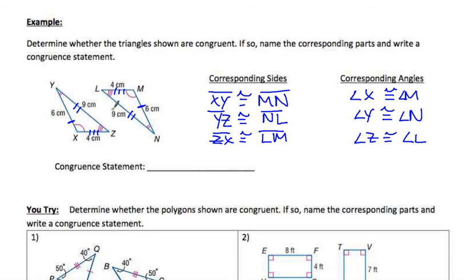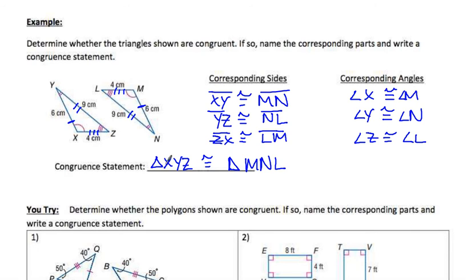So if we write a congruent statement, I'm going to go around the triangles in the same order. So I'm going to say triangle, and I'm going to start with the first swoop, X, Y, Z is congruent to triangle M, N, L. And I can look to see X, Y and M, N are congruent to each other.